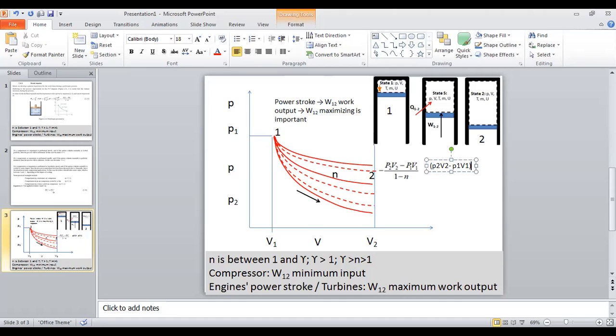So outward means, divided by, I would write this as n minus 1. P1 V1 minus P2 V2 divided by n minus 1.